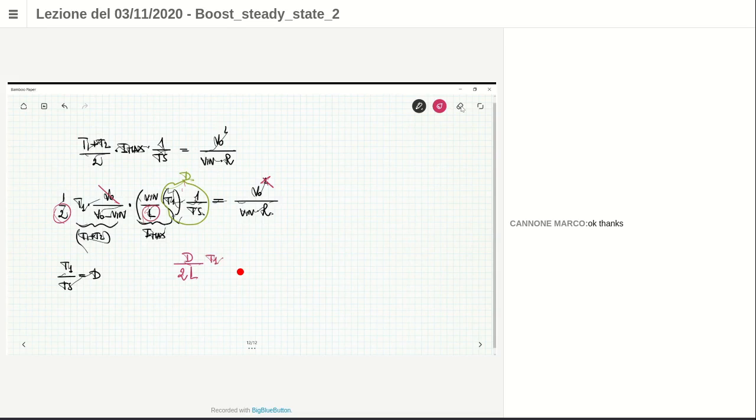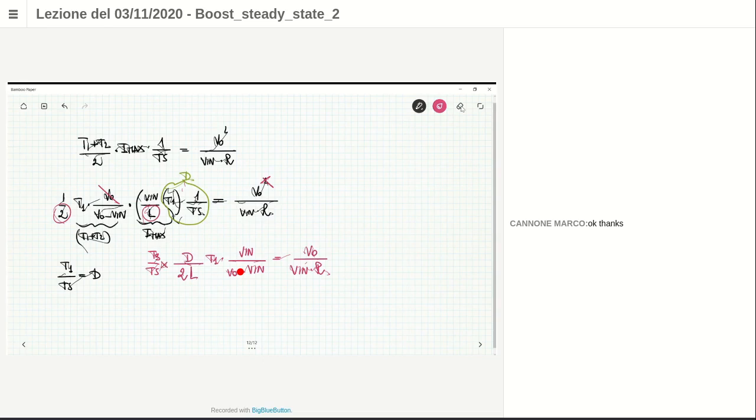Then I have T1 that multiplies V in over V naught minus V in, which is equal to V naught over V in multiplied. Let me multiply by dividing Ts and multiplying by Ts.